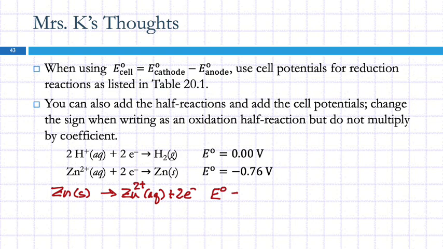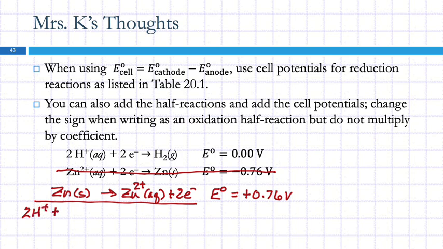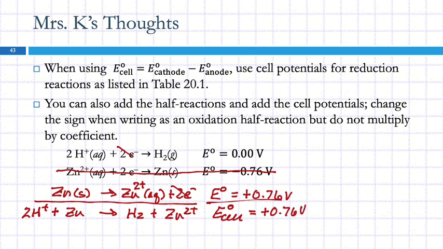So the electrode potential is plus 0.76 volts for that one. I'm not using that anymore because I reversed it. And then when I add these together, the electrons are going to cancel out. And the cell potential is plus 0.76 volts.